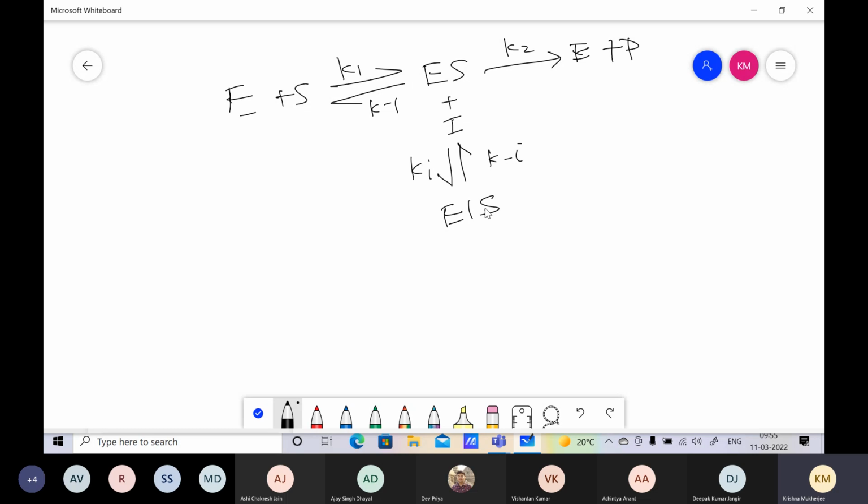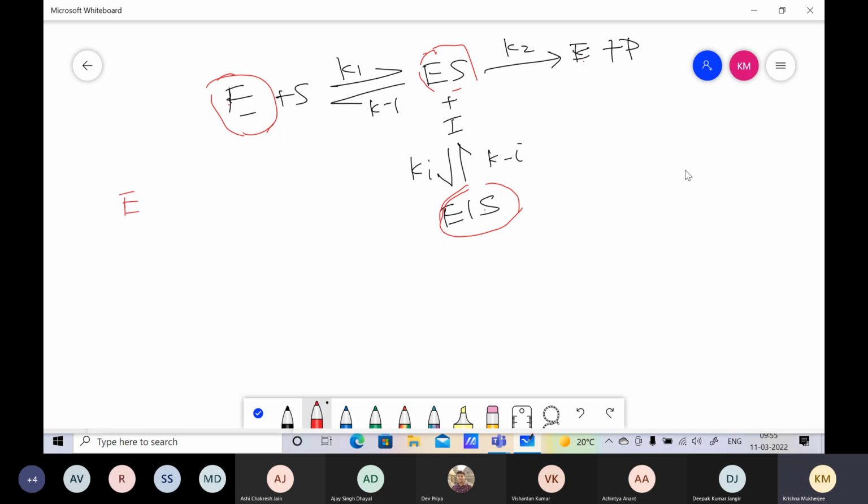Now there are three enzyme forms here: E, ES and EIS. Notice this is also E. Okay? Tell me, what will be the forms of E?